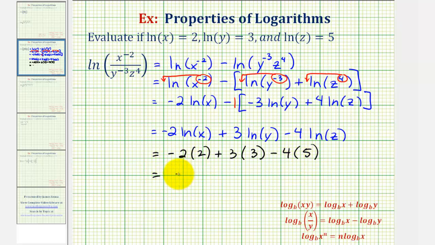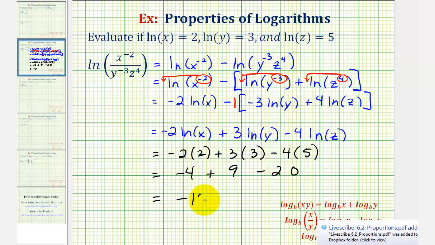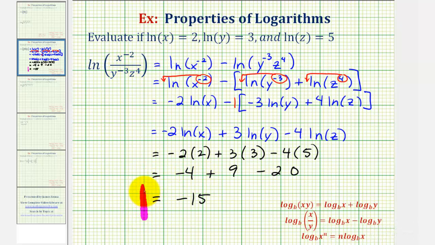So this would be negative 4 plus 9 minus 20. Well, negative 4 plus 9 is 5. 5 minus 20 is equal to negative 15. So the given natural log is equal to negative 15.